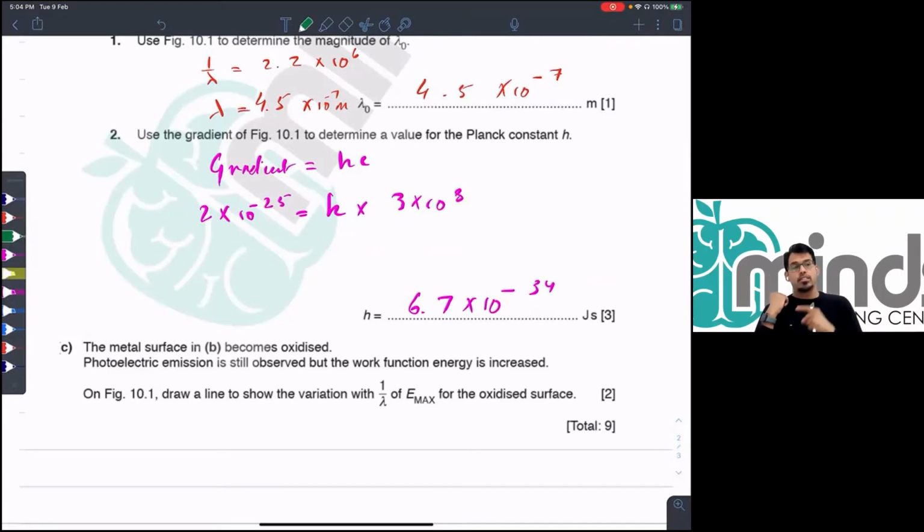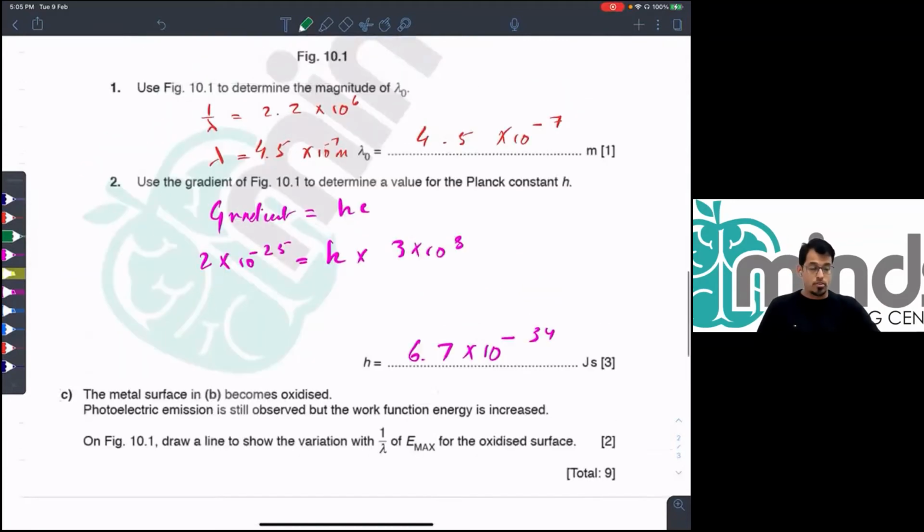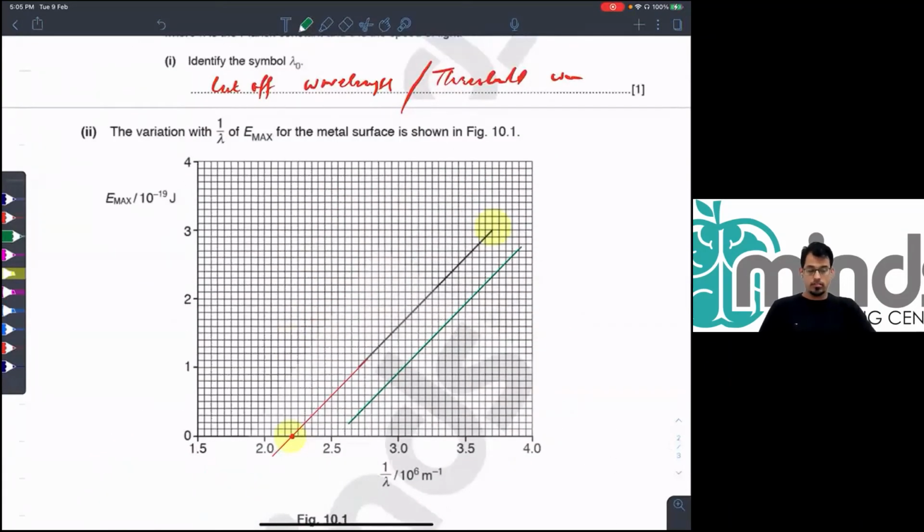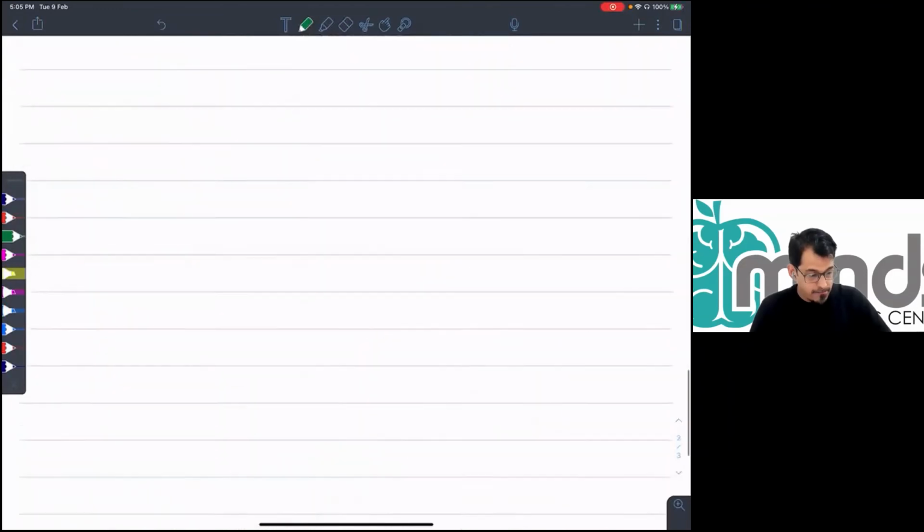Increasing work function means threshold frequency is increasing, which means wavelength is decreasing. So if this graph was for lambda only, the new line would be before the original line, right? But this is 1 over lambda, so it should be ahead. How many of you are able to comprehend whatever I tried to explain? Did you people draw this similar line? Okay, if we have done the same, then it is correct.